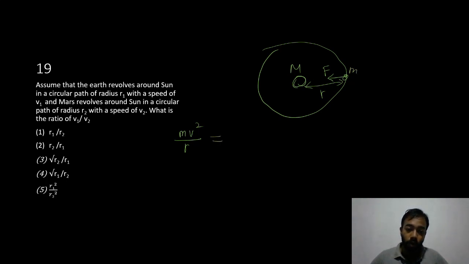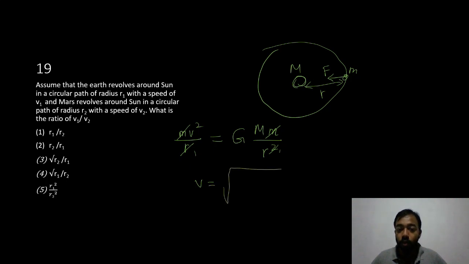This centripetal force is supplied by the force of gravity, which is given by Newton's universal law of gravitation, G capital M simple m over r squared. By simplifying this equation, you can see the velocity will be equal to square root of GM over r.